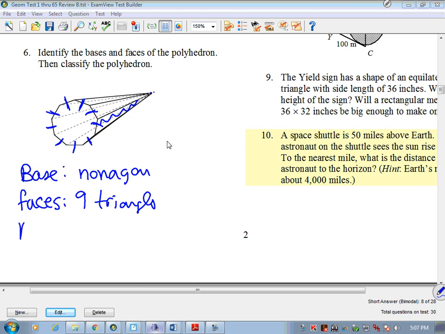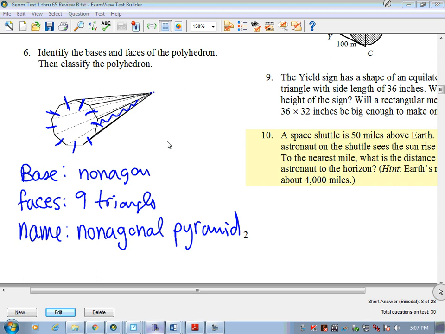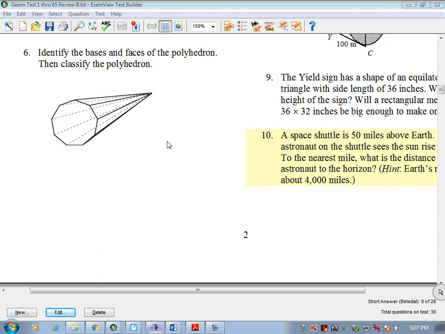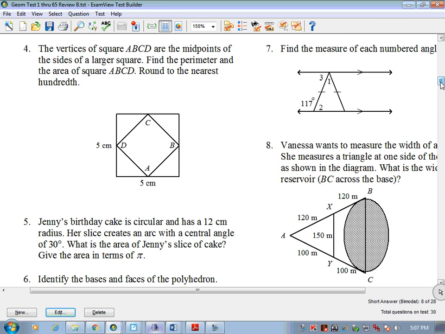So the name of this, because it's all going back to a singular point, is a nonagonal pyramid, because it all goes back to a single point. Okay, and that's what I've got there. Okay, that's 6. Let's scroll on up here to get our 7.